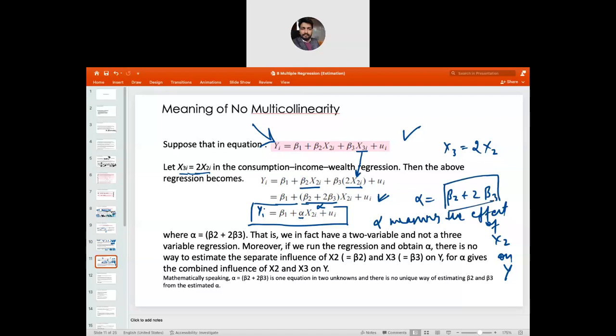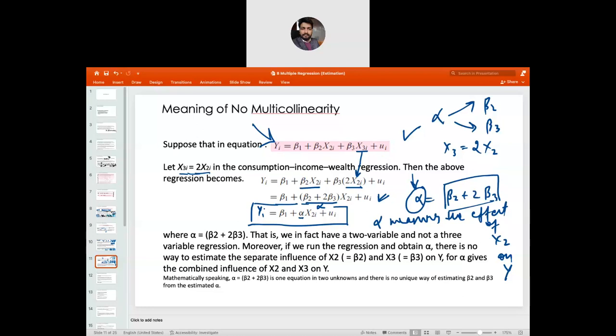So from alpha, there is no way you can separate alpha into beta 2 and beta 3. You can't separate the two parts of alpha, beta 2 and 2 beta 3. You will get a consolidated alpha if you run this regression, right?